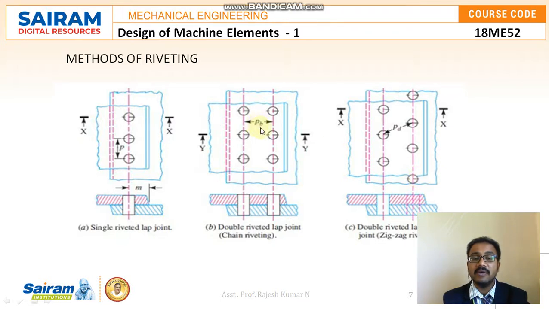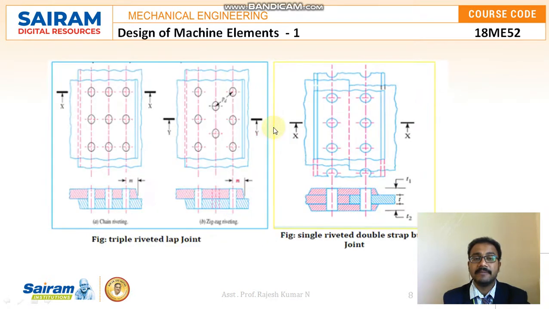So here we have something called the marginal pitch and even the diagonal pitch. You can see the diagonal pitch is measured from one rivet to another rivet in the zigzag pattern, and even the nominal pitch, which is measured between two rivets in the chain riveting pattern.